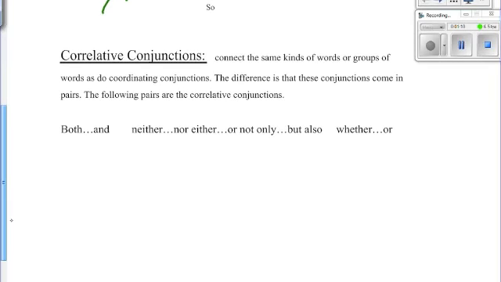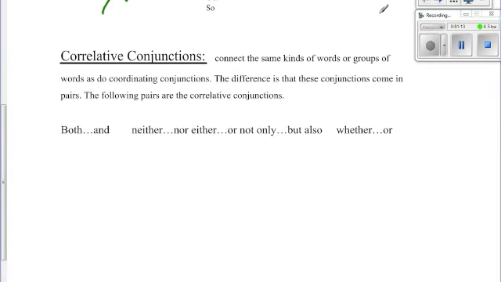Next, we have correlative conjunctions. These conjunctions connect the same kind of words or groups of words as do coordinating conjunctions. The difference is that these conjunctions come in pairs. The following pairs are the correlative conjunctions. In the word correlative, you may also be able to find relative.